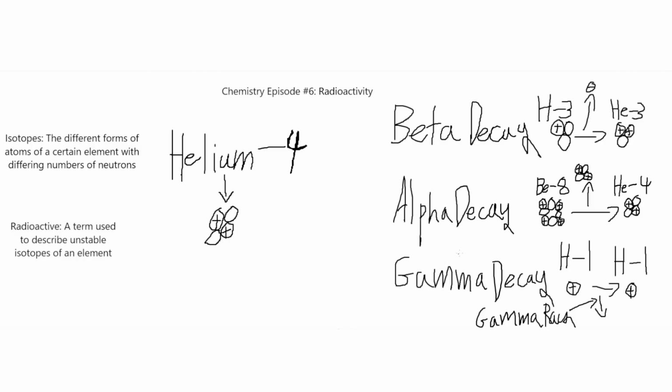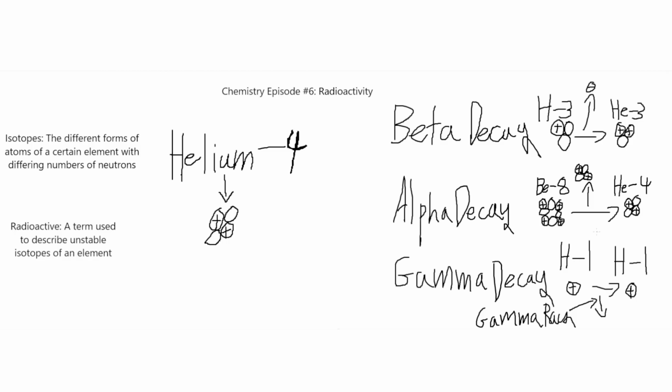The final form of decay that we're going to be extensively talking about here is gamma decay. Gamma decay is unlike the rest. As you can see here, this is a hydrogen 1 isotope, and there's no change. It's just a hydrogen isotope, and then it becomes the same hydrogen isotope.